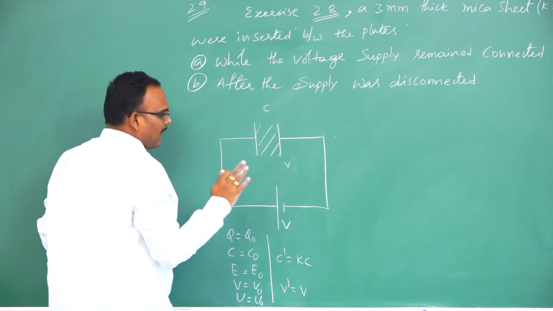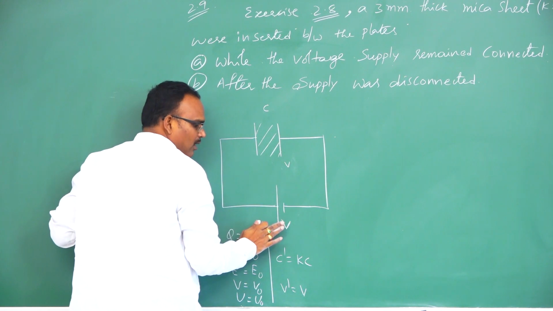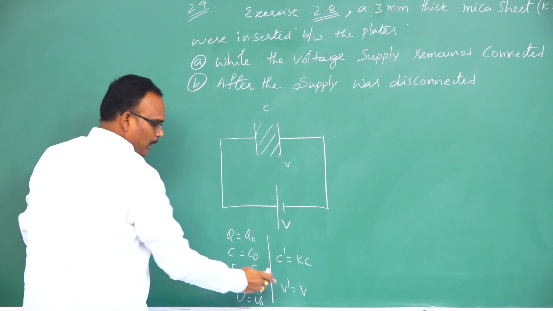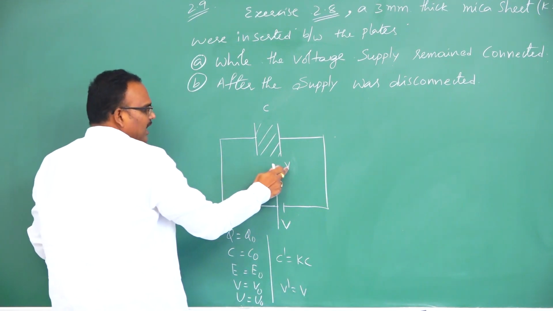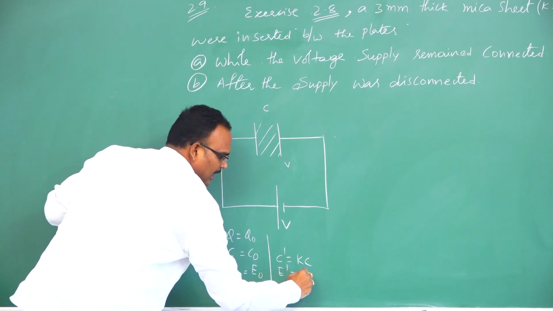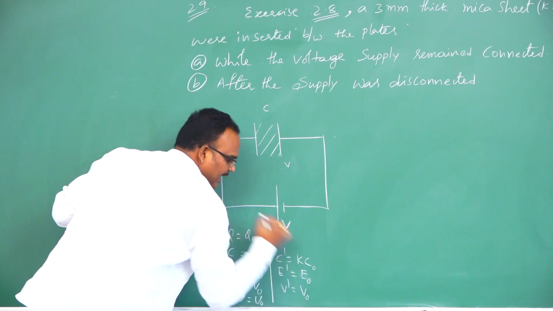So that's why potential remains the same in case the cell is connected to the capacitor. If potential remains the same, obviously the electric field remains the same. E dash is equal to E naught, V dash is V naught, C dash is Kc naught.